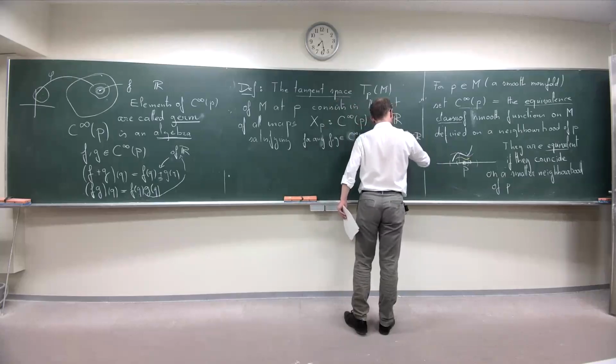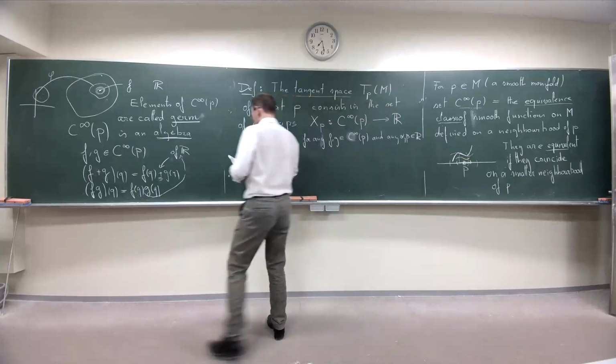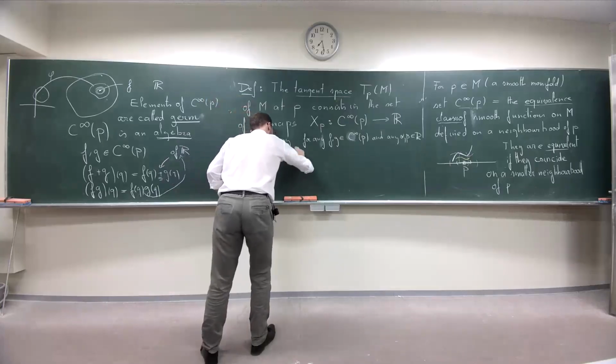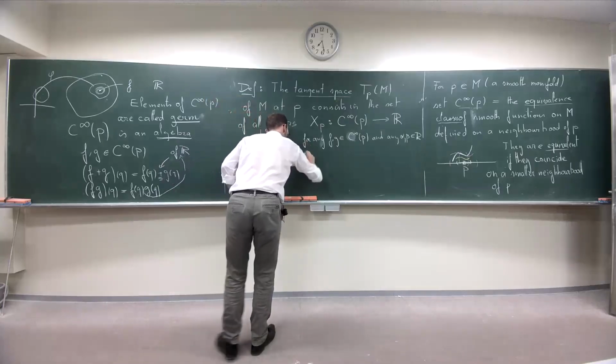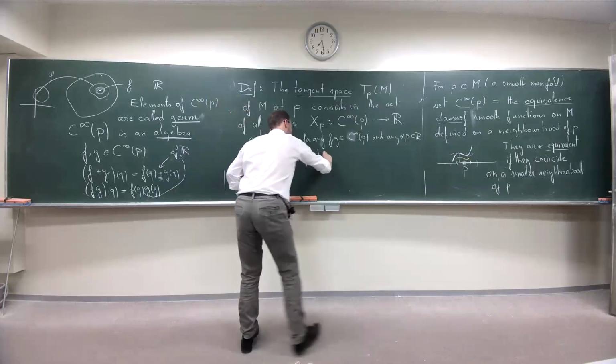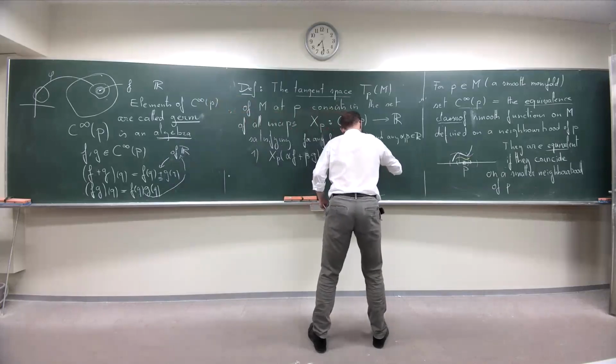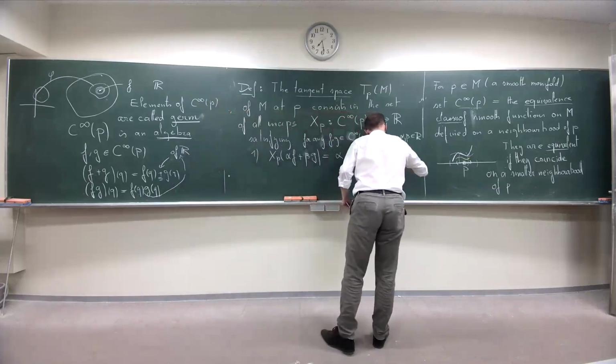So what is the first condition? It's linearity. X_P of alpha f plus beta g is alpha X_P of f plus beta X_P of g.